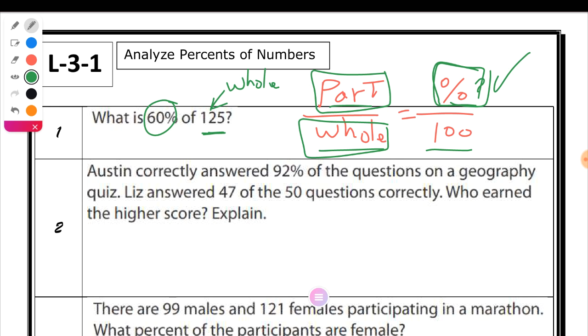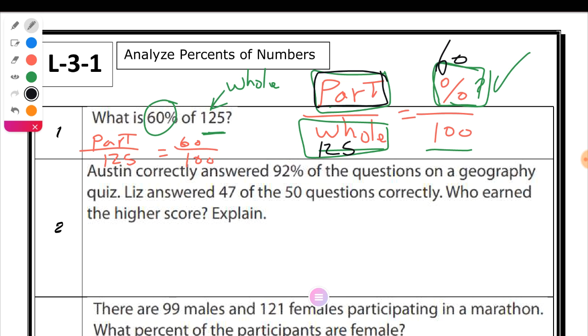So I put 125 instead of whole, and up I need the part. Instead of percent I put 60. So the new form is part over 125 equals 60 over 100.